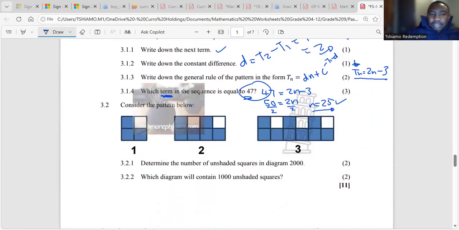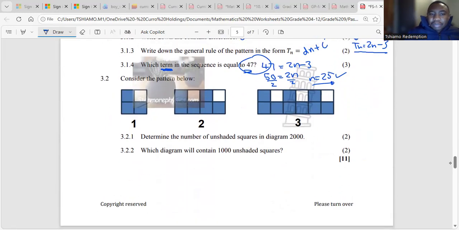Okay, nice question there. Consider the pattern below. Determine the number of unshaded, now the keyword is unshaded, squares in diagram 200. So we need to formulate the pattern from the unshaded ones. So unshaded is 1, 2 in this case, and then 3.